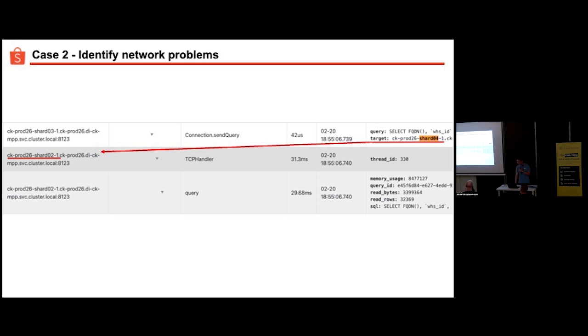You can see here, the request is going to shard 041, but by the logs, it is shard 02 that received the subquery. It shouldn't happen, right? It should be shard 041 that receives the subquery. So this problem turned out to be a DNS cache problem in Kubernetes.